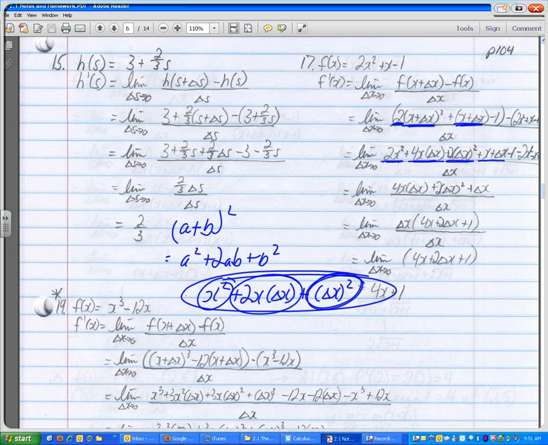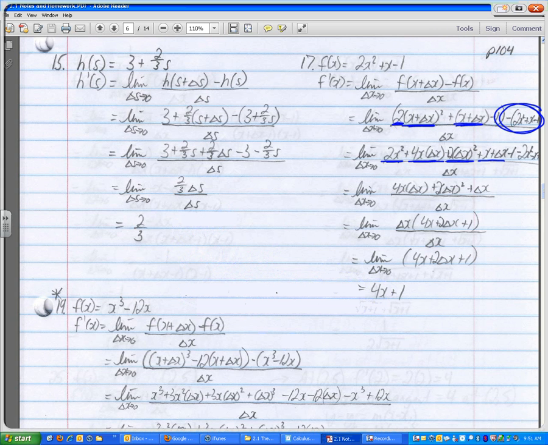Plus x plus delta x minus 1, and you can't hardly see it, but here I'm distributing that negative, making that a negative 2, a negative x, and a positive 1. And it didn't show up well, but that's what I did. Okay? So you good on that step? Because if you get that step, I think you're in good shape.